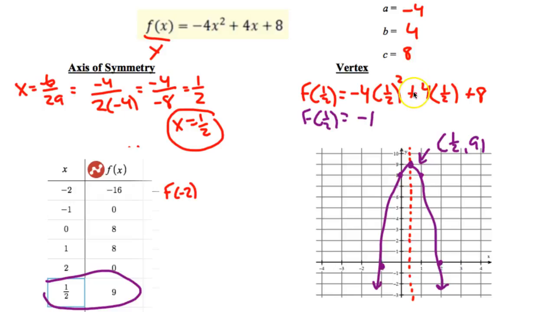And then 1/4 times 1/2, that's 4/2, and that equals 2. And then we have the plus 8. Okay. -1 plus 2 is 1. 1 plus 8 is 9. So we did get it. So if you feel comfortable doing it this way, you can do it this way, or in my class you can graph it in Desmos or on a graphing calculator.